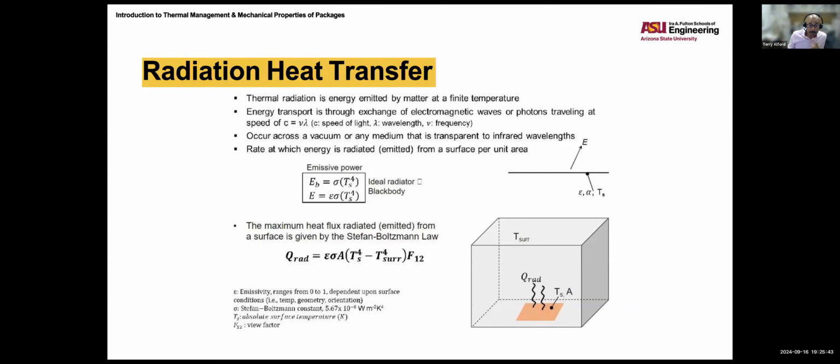I have a question, please. Oh, sure. Could you explain more about the calculation of convection heat transfer?